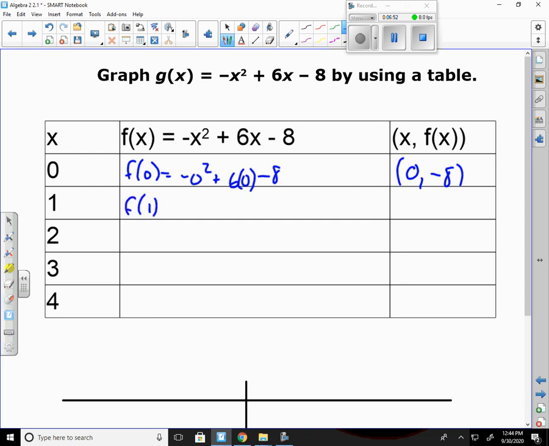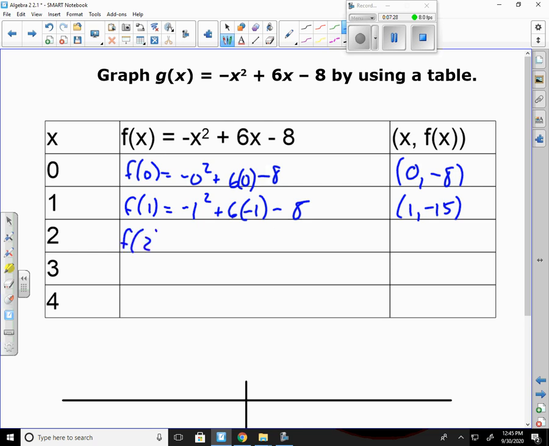F of 1 equals negative 1 squared. Now because my negative is out in front here, it doesn't mean I'm squaring negative 1. Order of operations. I do the 1 squared first, and then I make it negative. Plus 6 times negative 1 minus 8.